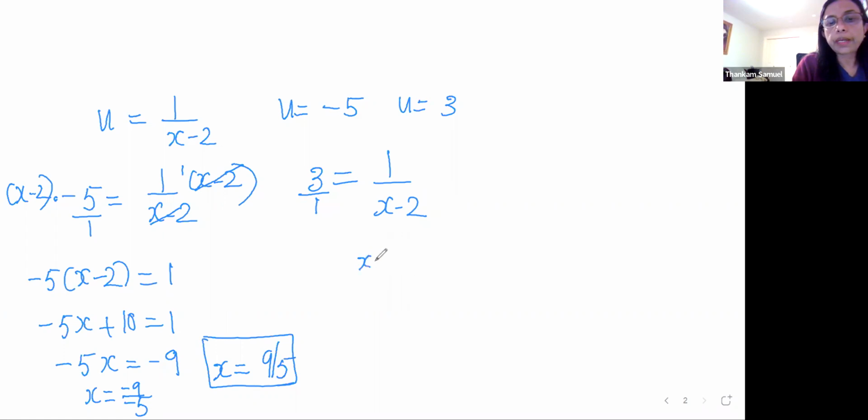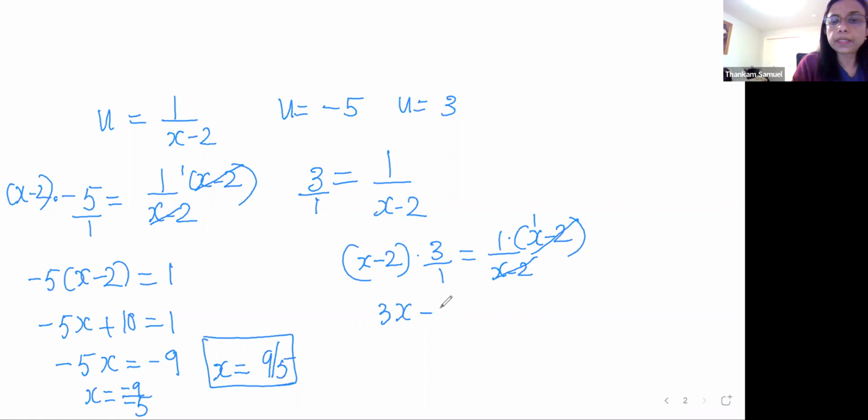So x minus 2 times 3 over 1 equals 1 over x minus 2 times x minus 2. These two factors will cancel each other, so it's 1. Then distribute 3 over these terms.